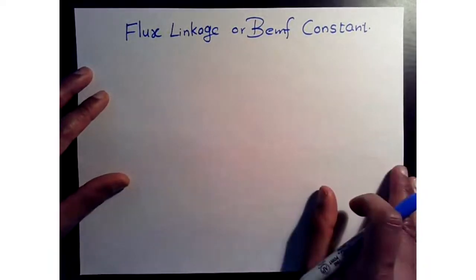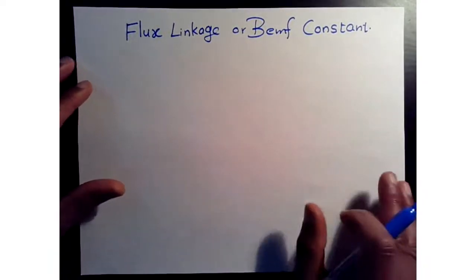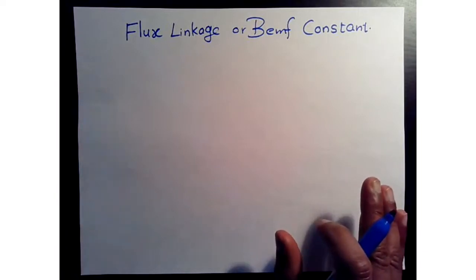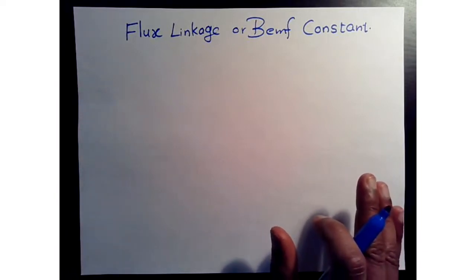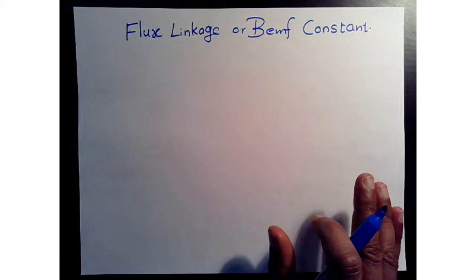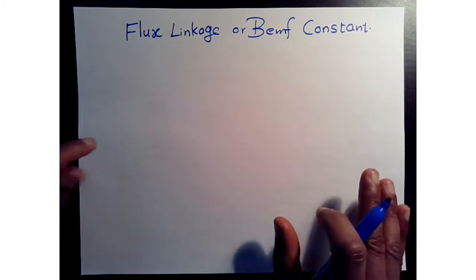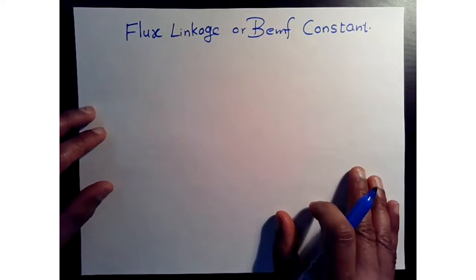Can you propose a method to find this back EMF constant? I'm sure you can come up with an idea for this. Let's see if you can. What do you guys think? How can we measure back EMF constant?